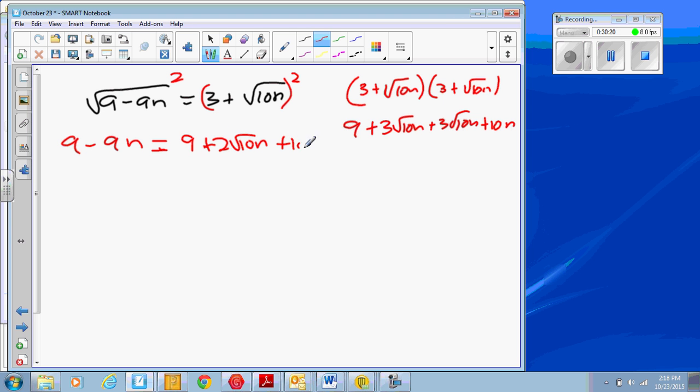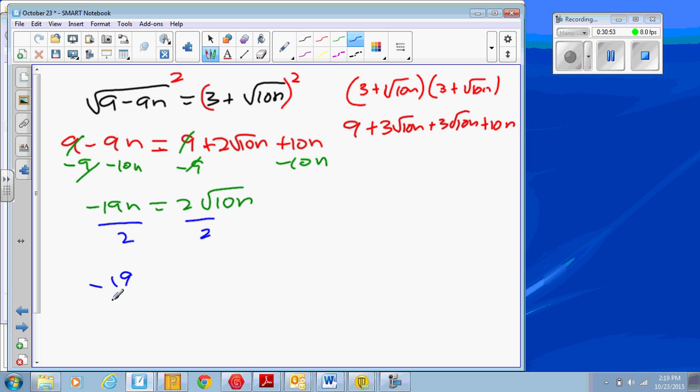plus 10n. And again, we have to have another radical, and we have to isolate this radical. So I'm going to do a couple things. I'm going to subtract 9 from both sides. That helps a little bit. And I'm going to subtract 10n from both sides. So I have negative 19n equals 2 times the square root of 10n. Okay, I'm going to divide by 2. Divide both sides of the equation by 2.